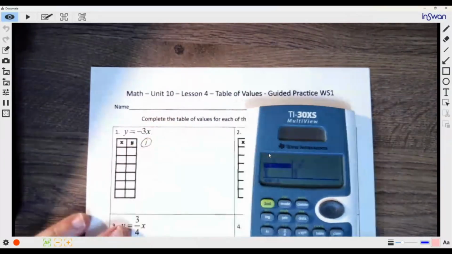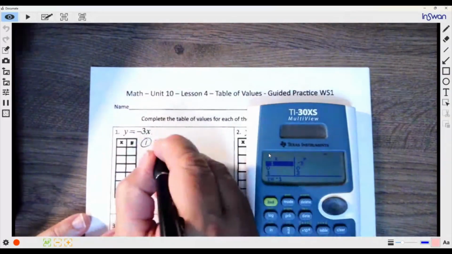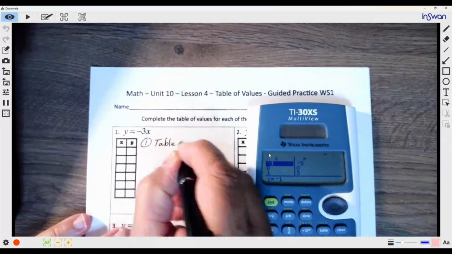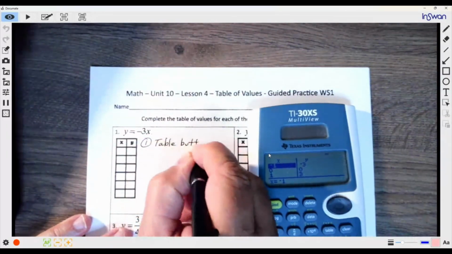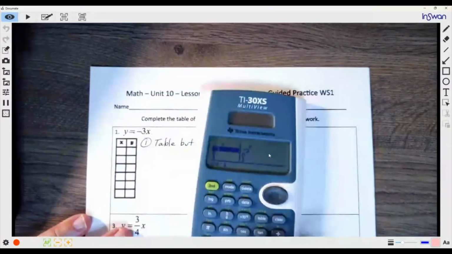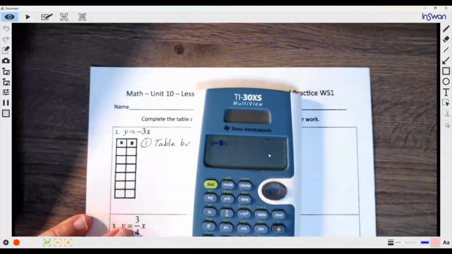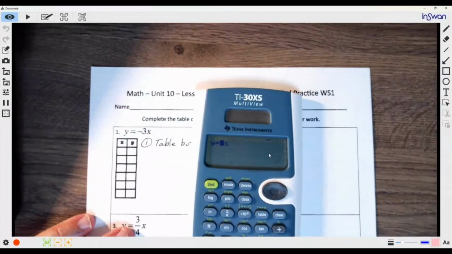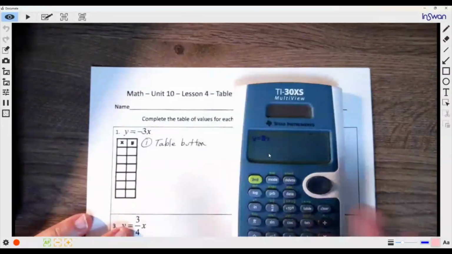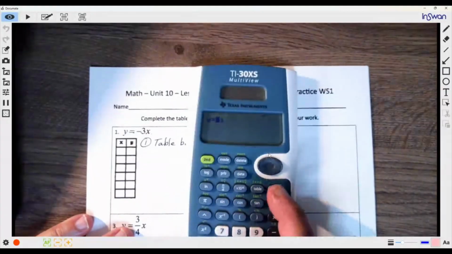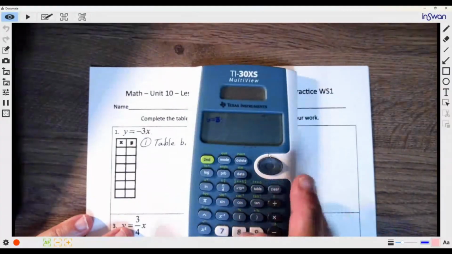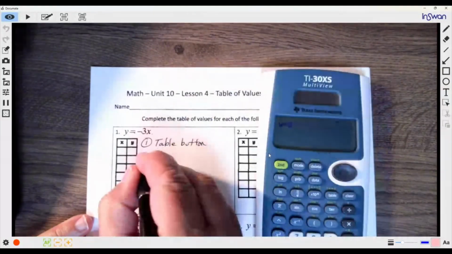So the first step is to hit the table button. Where is it? Right there. The last equation that you put in will still be sitting there. So to clear out anything that's there, you're going to hit the clear button, and it erases.